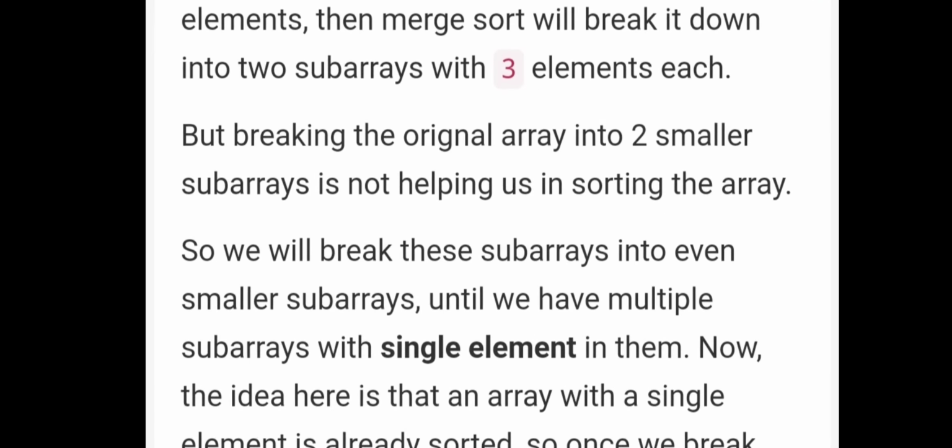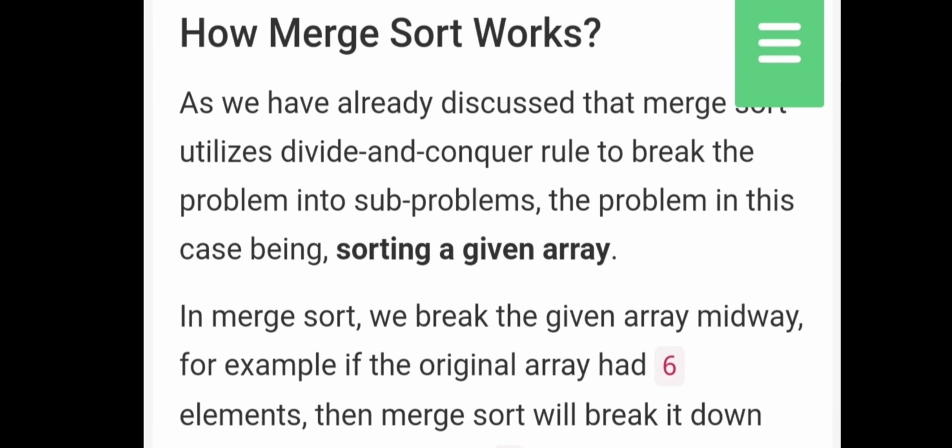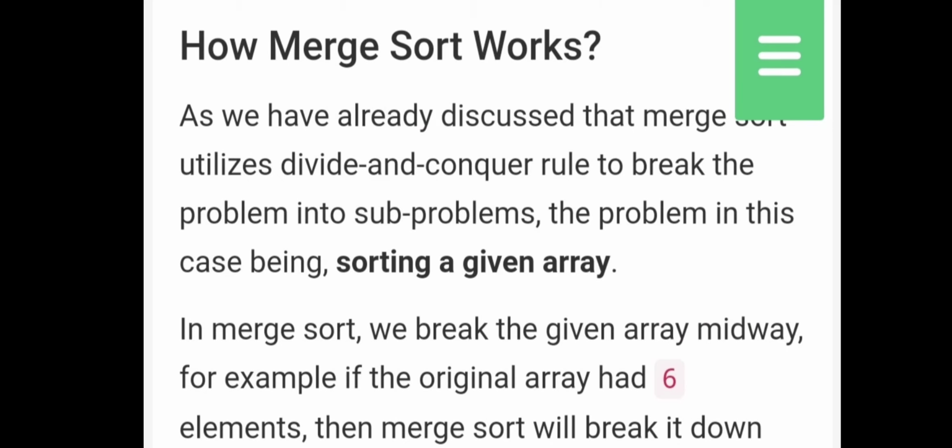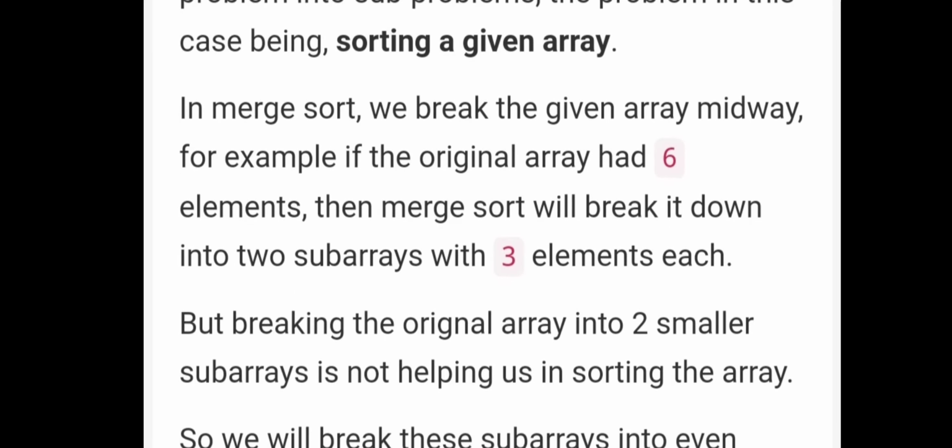Next, how merge sort works. As we have already discussed, merge sort utilizes the divide and conquer rule to break the problem into sub problems. The problem in this case is sorting a given array. In merge sort, we break the given array midway.